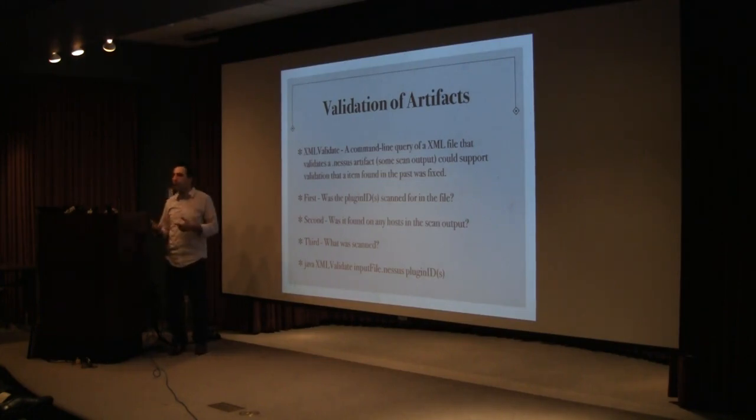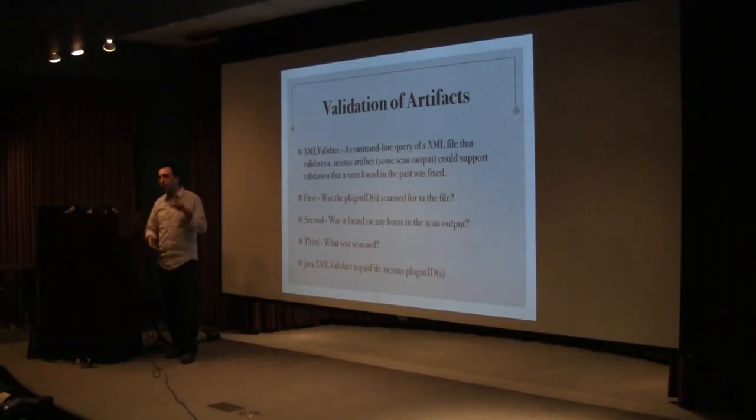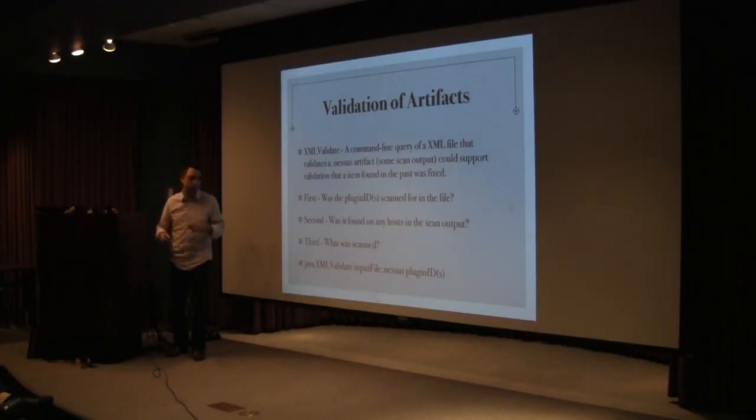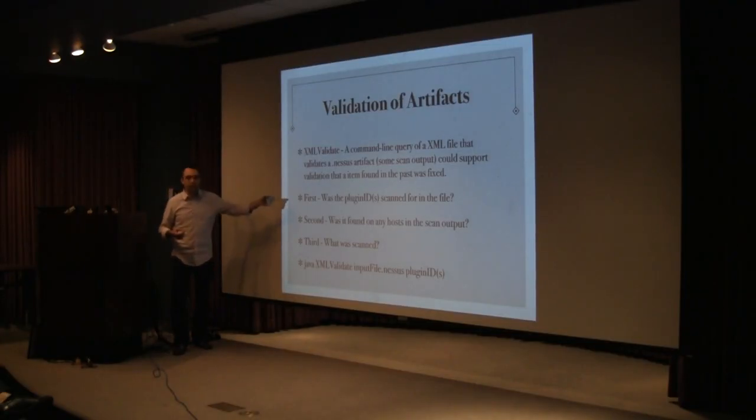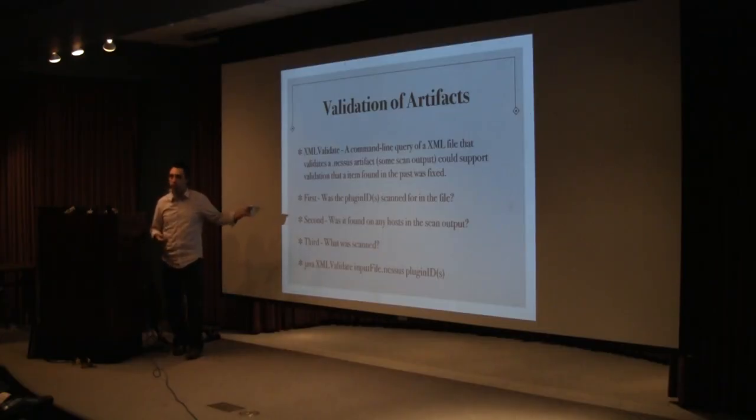So what I was trying to automate was this: in big environments, when I'm dealing with 15,000 or 10,000 hosts, it takes a little bit of effort to analyze these things unless you do a custom scan for one plugin. And you want to make sure that the guy set the scanner up right. So I broke it down into a couple of things. First, did they even scan for the plugin ID that they were trying to validate?